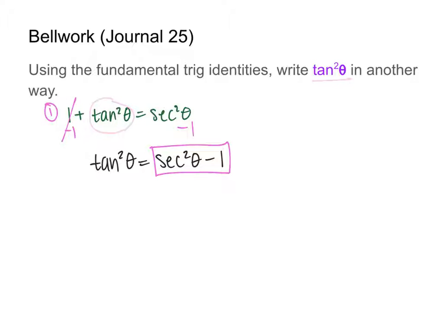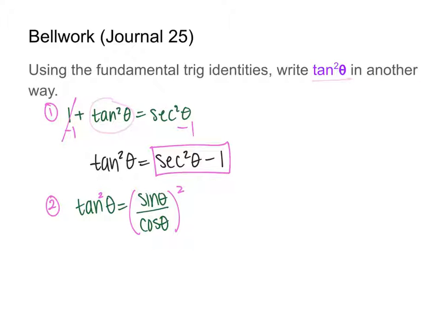Another way you could do this is think about what tangent is using the quotient identity. So tangent is equal to sine over cosine. If you want tangent squared, basically you're squaring this entire thing.